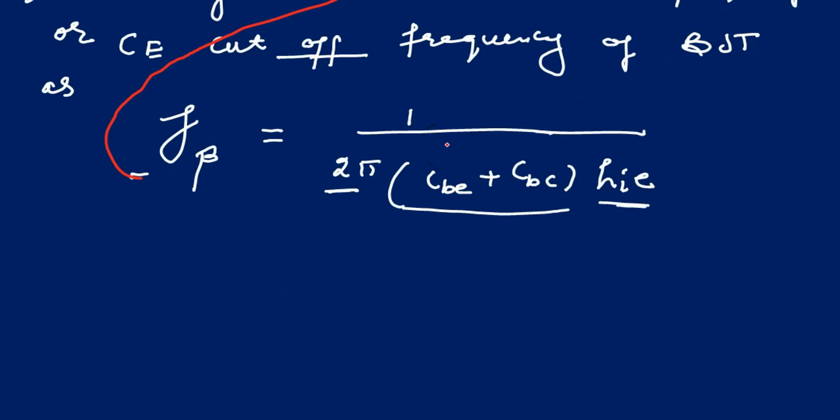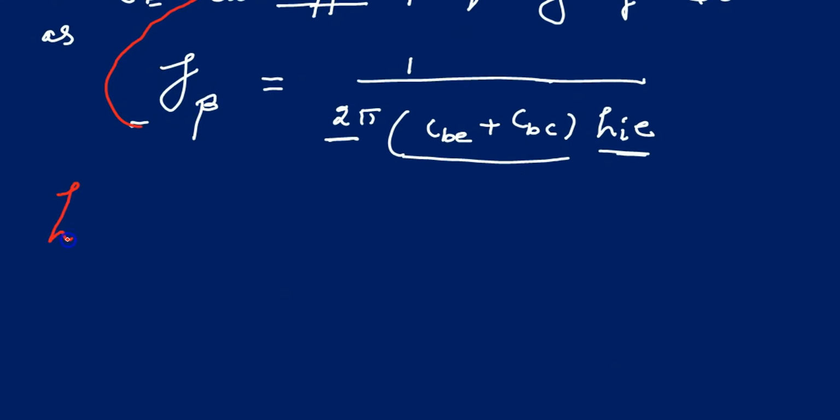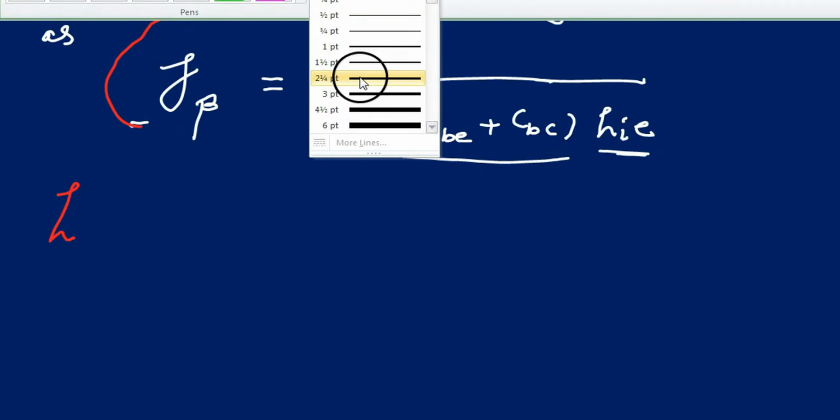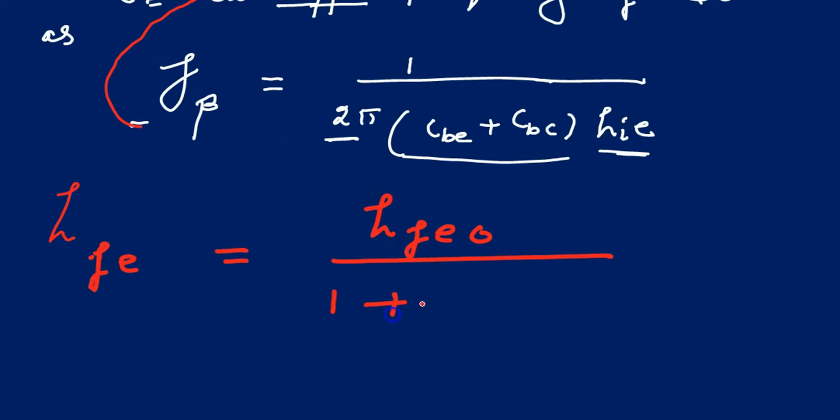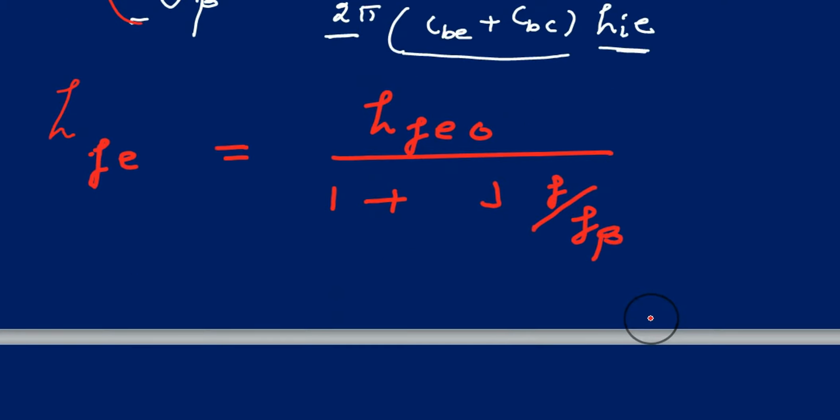So HFE, which is a function of frequency, becomes HFEO divided by 1 plus j F upon F beta.